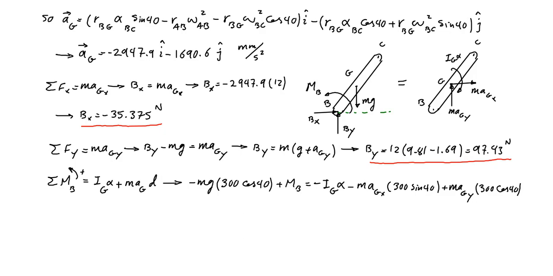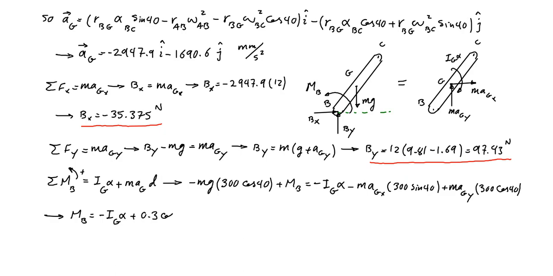From there, I'm trying to find M B, or the couple applied, which is minus I G alpha plus 0.3. Now I'm converting that 300 to meter. For some reason, I did it in the middle of the process.